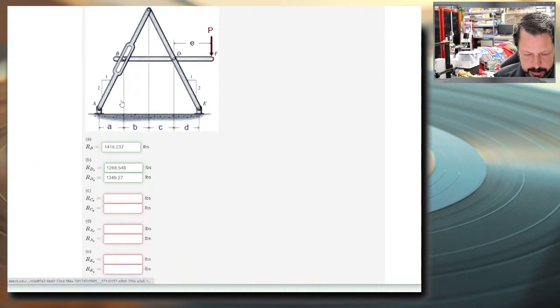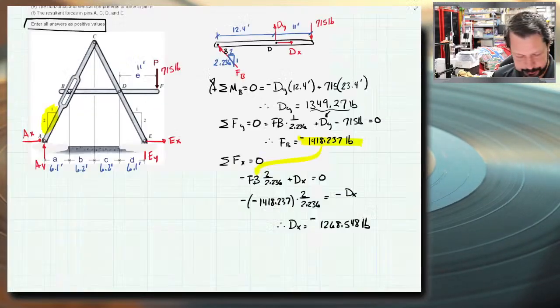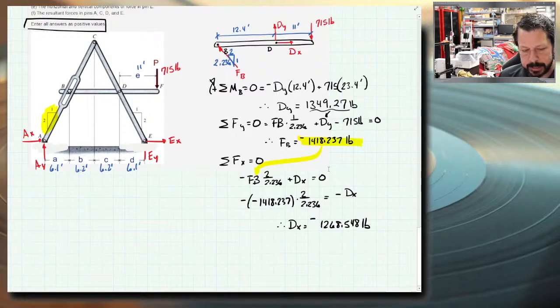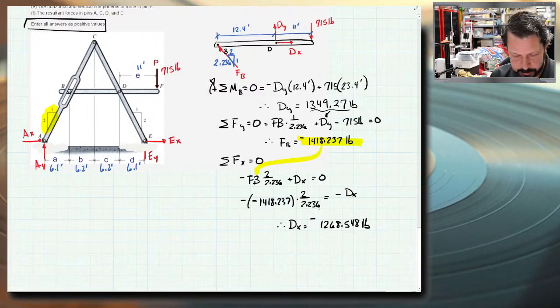All right. Look at the rest of this thing. At this point, what I would do is, now that I have values for B and D, let's draw one of the other free body diagrams and see what happens. So let's draw CDE.